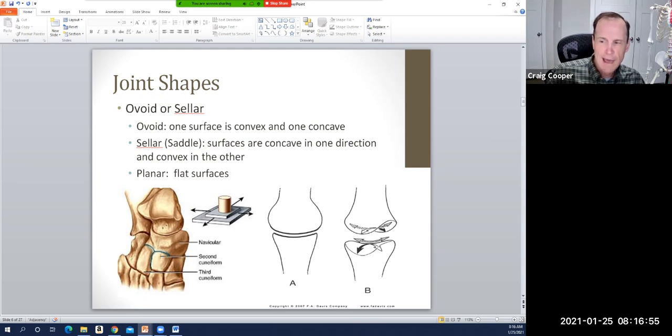They're often called a saddle joint because it looks kind of like a saddle. It is convex in one direction, but concave in the other direction. And so if we're trying to improve a certain motion with a sellar joint, we can do a joint mobilization, but we have to know which way those two surfaces are oriented to one another.